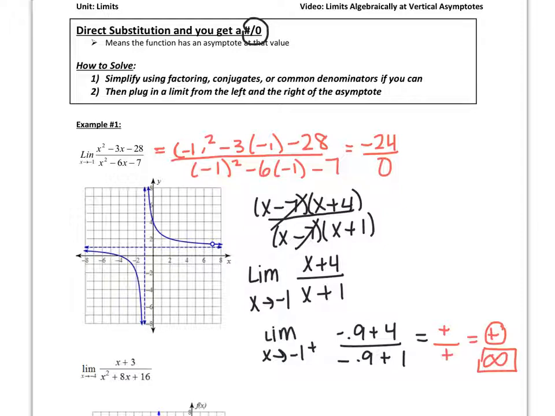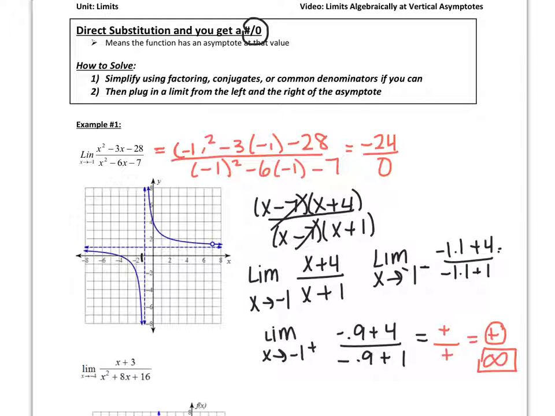So now let's try the limit as x approaches -1 from the left. We're going to pick a number to the left of -1, as close to -1 as we can. So let's just say -1.1. So -1.1 plus 4 over -1.1 plus 1.